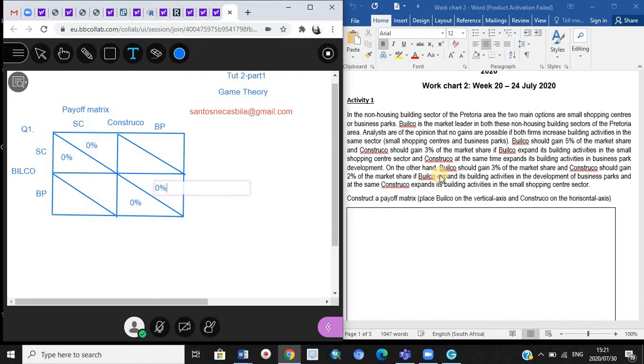If Bilko expands in the small shopping centers, which is here, it is going to gain 5%, and the other one is going to gain just 3%.